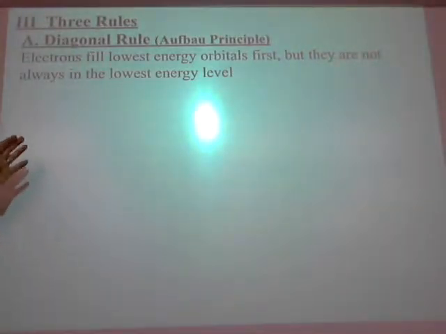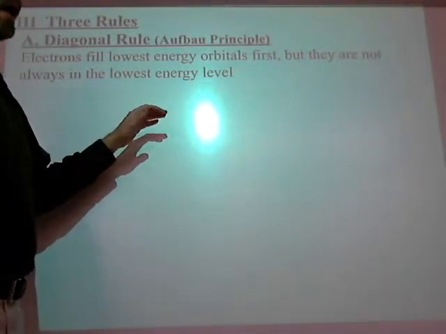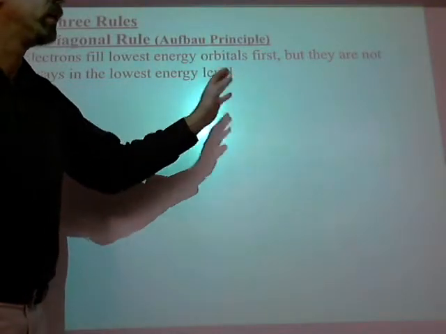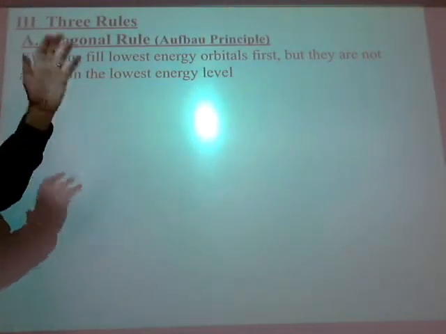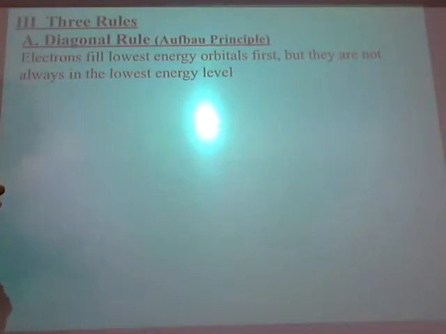Here's the trick. It's just a device to tell you the order they're going to fill in. Because remember, you're not going to keep going 1s, then 2s, 2p, 3s, 3p, 3d, 4s, 4p, 4d, 4f. It doesn't go in order, and it gets kind of weird, especially after 3p.